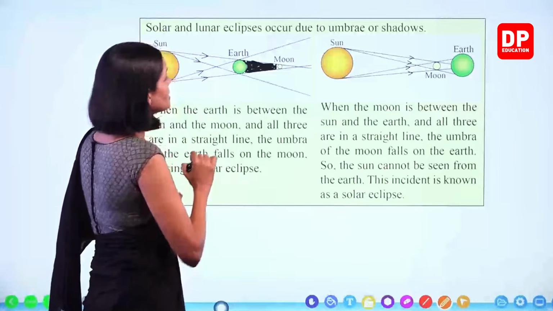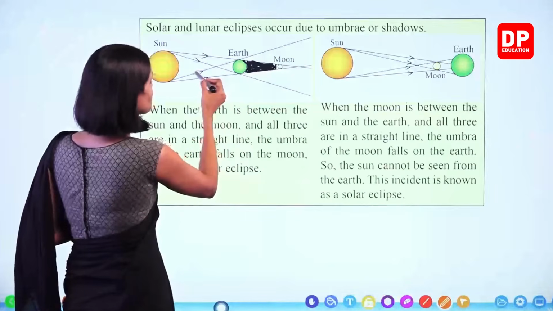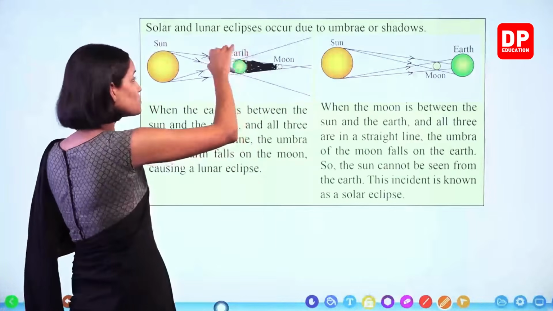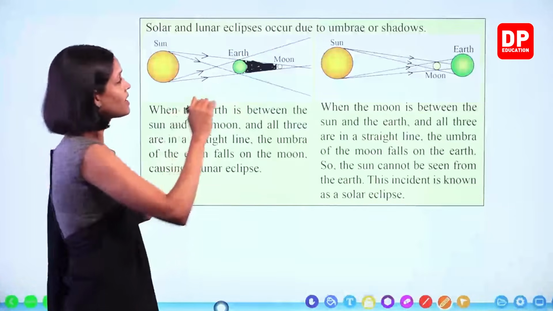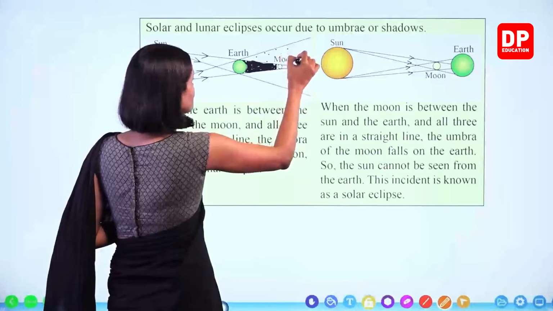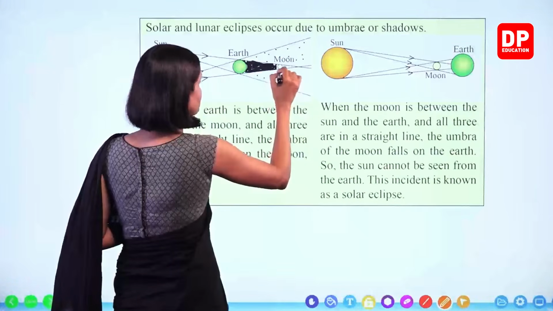Right? This part. What about these areas, children? You all can see these are the light rays that escape through the edges of the earth. Therefore, these areas are the penumbra area.